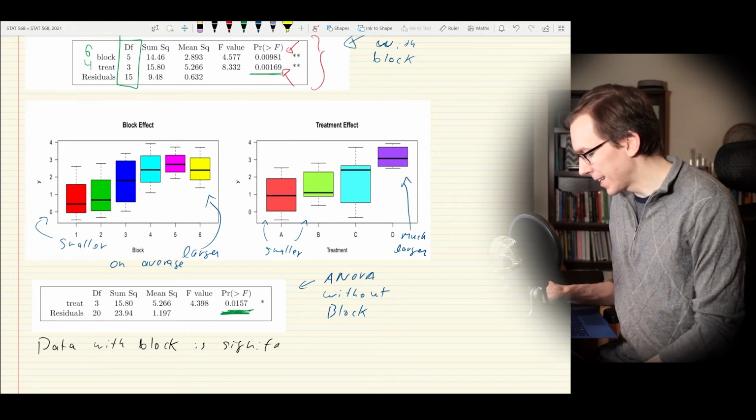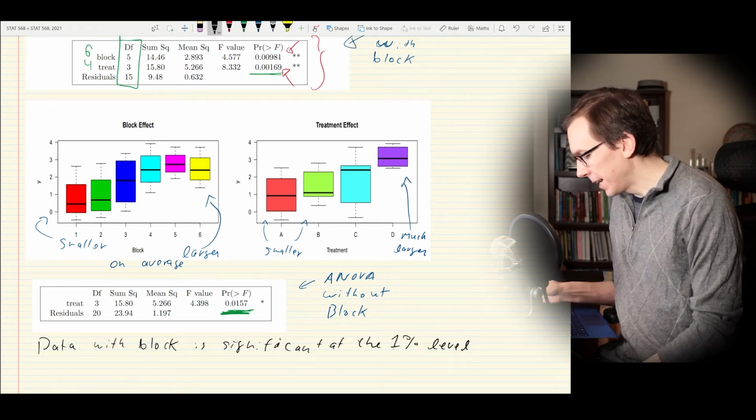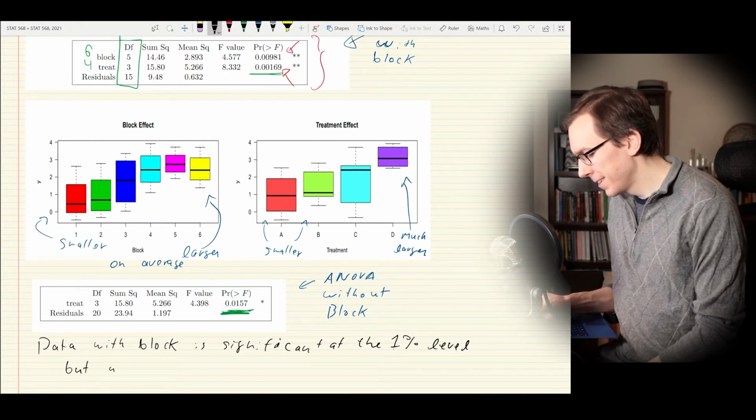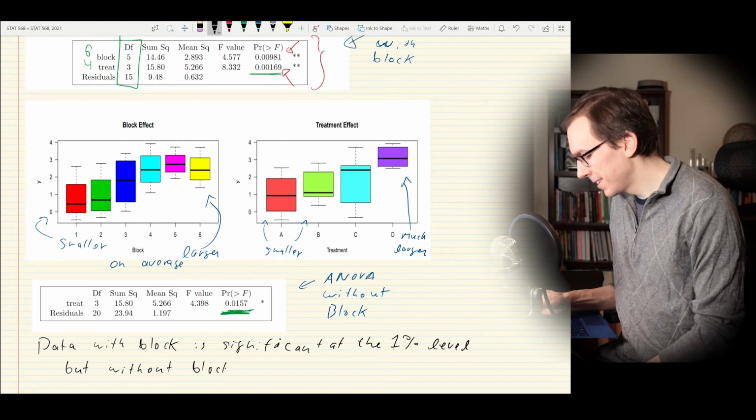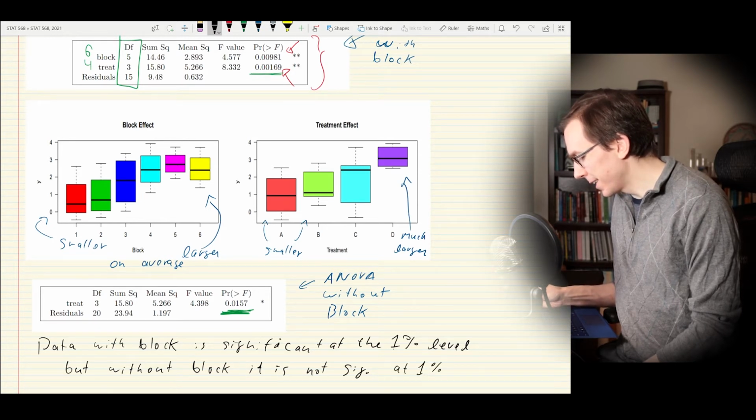That's not how you spell significant. Significant at the 1% level, but without the block, it is not significant at the 1% level.